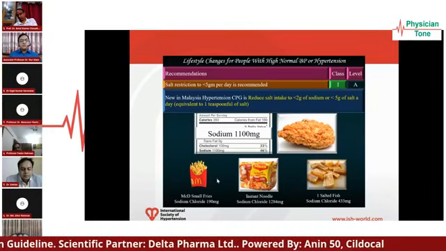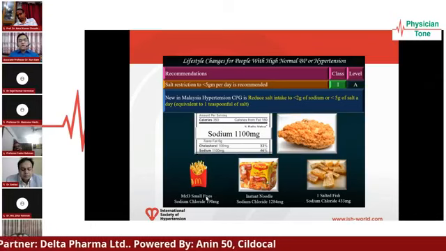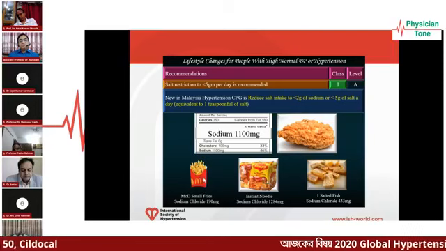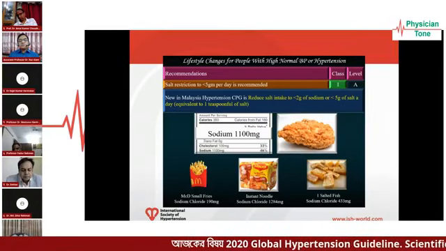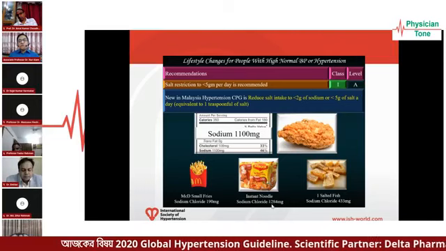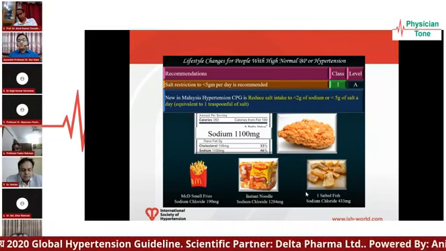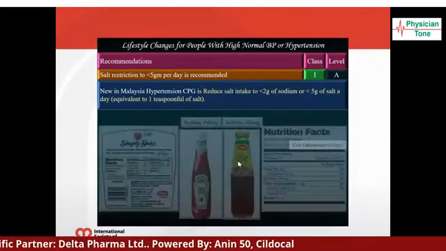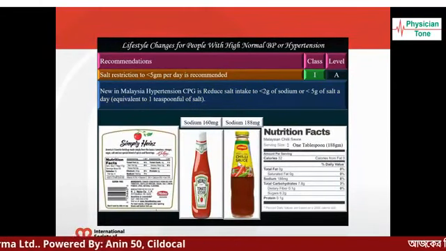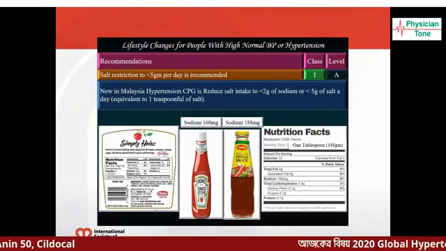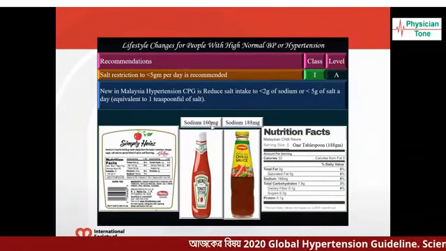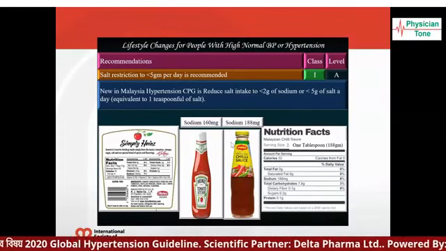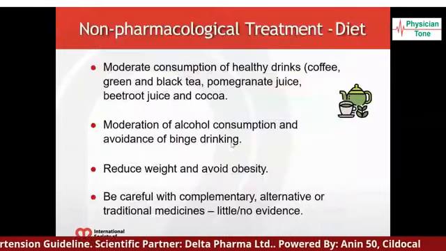French fries contain 190 milligram, noodles 1284 milligram sodium, and salted fish 433 milligram sodium. So the daily sodium requirement is less than 2 gram, and total salt less than 5 gram. So we should consider this type of food. Sauce contains 160 milligram per teaspoonful. So we should be alert to restrict our salt.